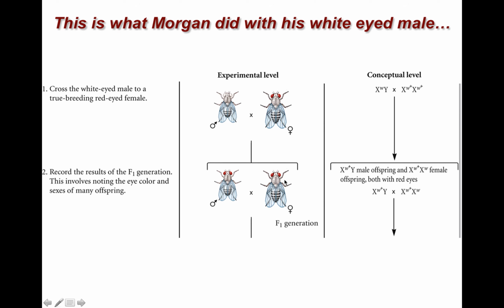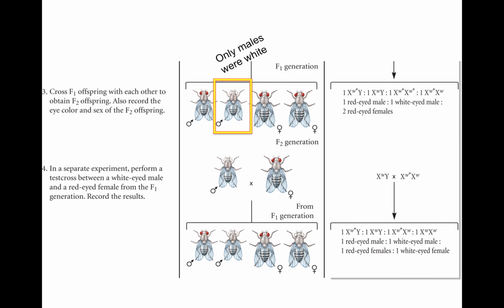When he crossed these flies together, however, he got a somewhat unexpected result. Instead of a regular 3-to-1 ratio, he found all of the females were still red-eyed, but half of the males were white-eyed.